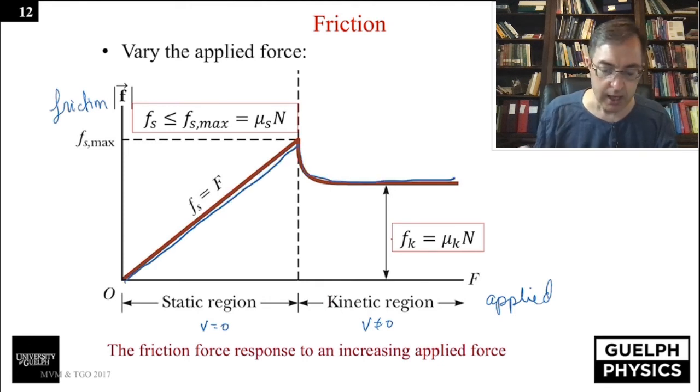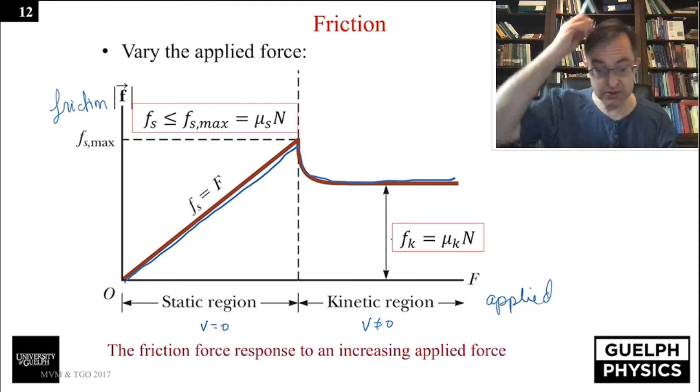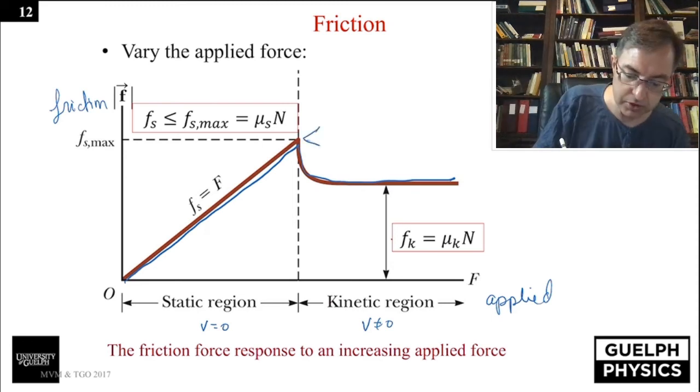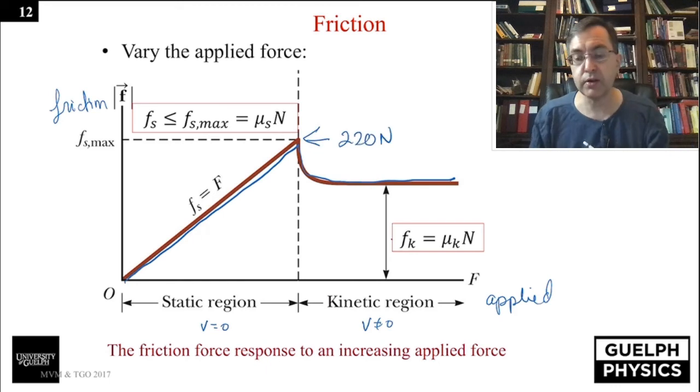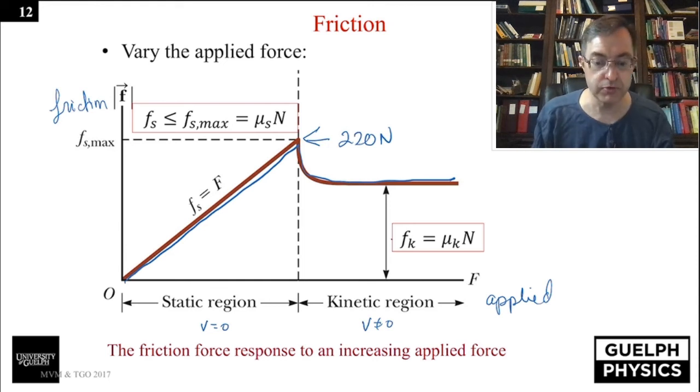What F max, the 220 newtons, corresponds to is this point here. It's the maximum static friction force that the surface can apply before the object begins to move.